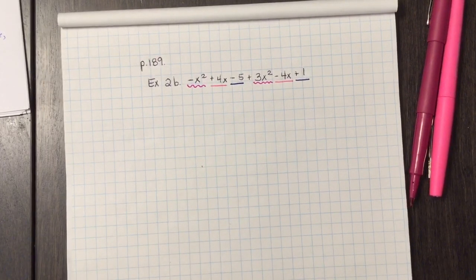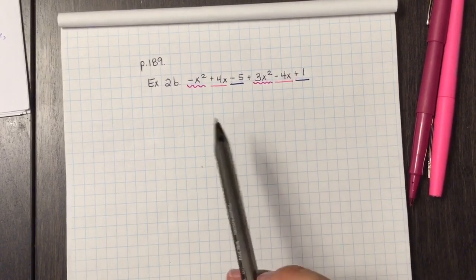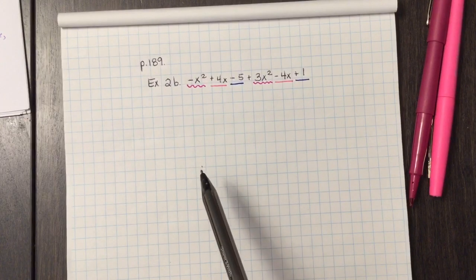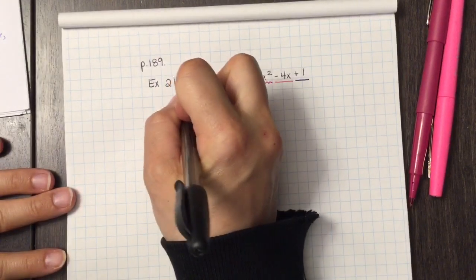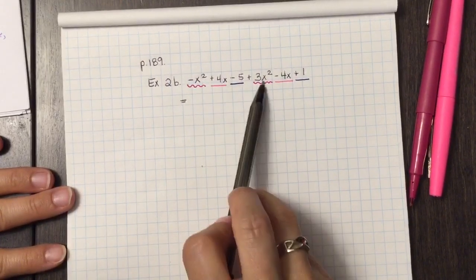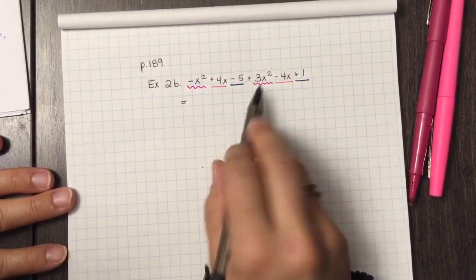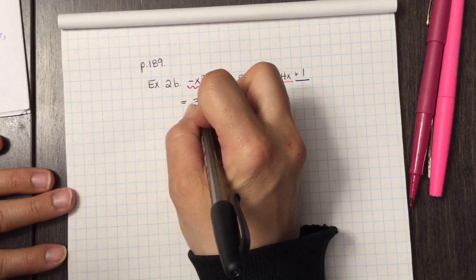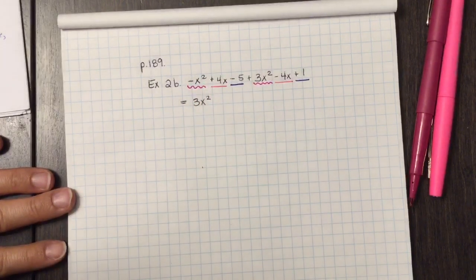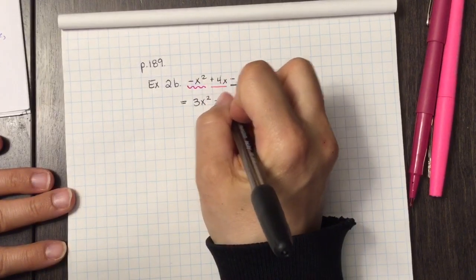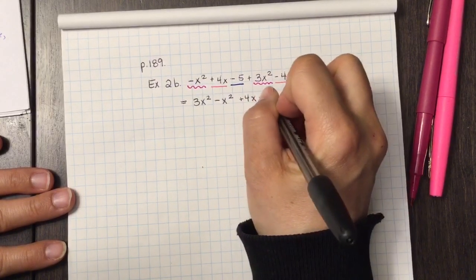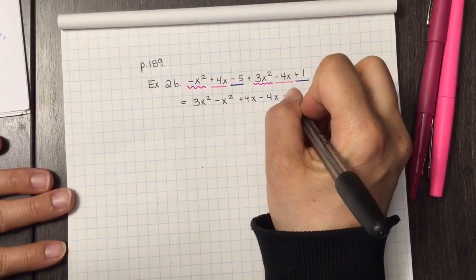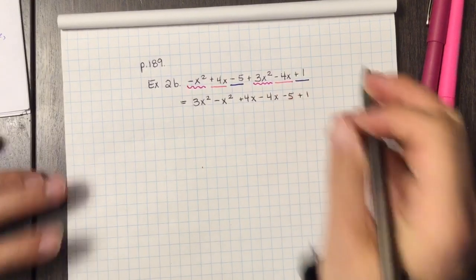So if we're not using algebra tiles, we don't have that picture, so it is a really good idea to rearrange them and group like terms. I'm going to put all of my highest degrees first, so I'm going to put the positive one first. It's just visually for me, I like that better. 3x squared minus x squared, and then I have plus 4x minus 4x minus 5 plus 1.